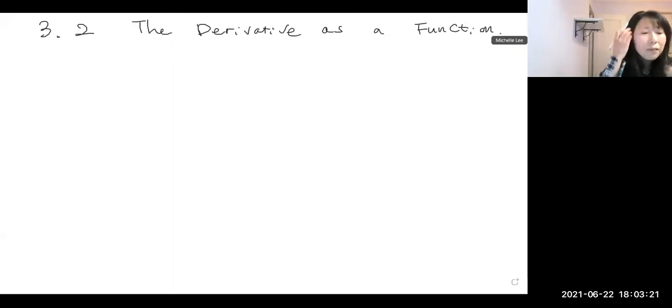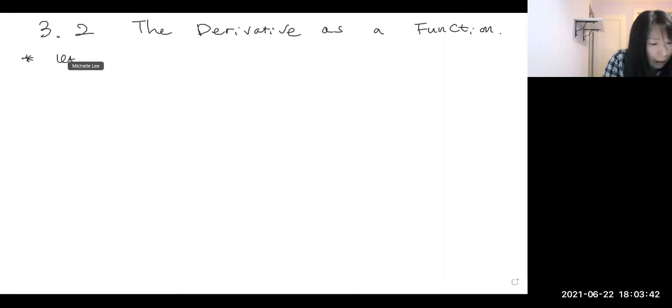So derivative of a function at a given point gives us rate of change or slope of a tangent line to the function at the point, right? So we did that last time. Let me write down the definition, derivative function.